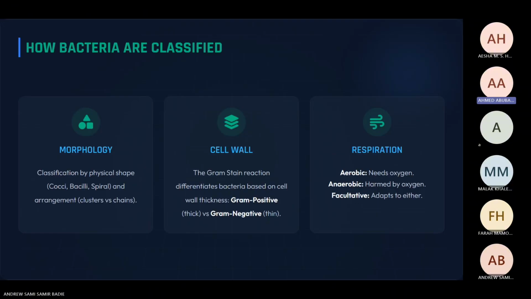There are some bacteria that need oxygen, which we call aerobes. We have some bacteria that get harmed by oxygen, which are called anaerobes. And we have the ones that adapt between having oxygen or not. So these are the three pillars.